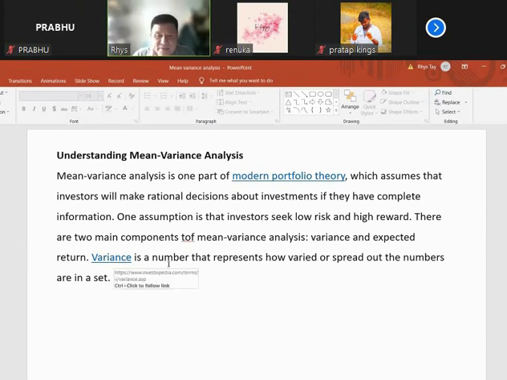Variance is the number that represents how varied or how spread the numbers are in a set. Okay, so that means to say that all the people in this world, you want to invest, you expect maximum reward.